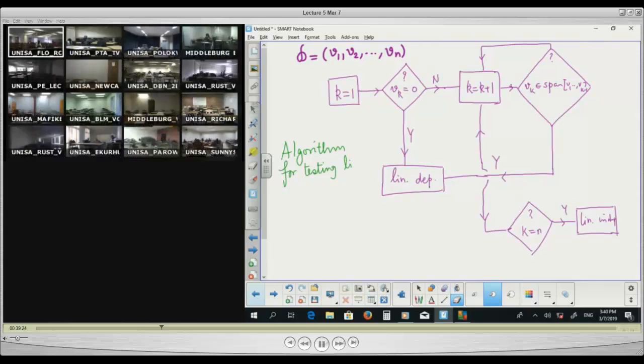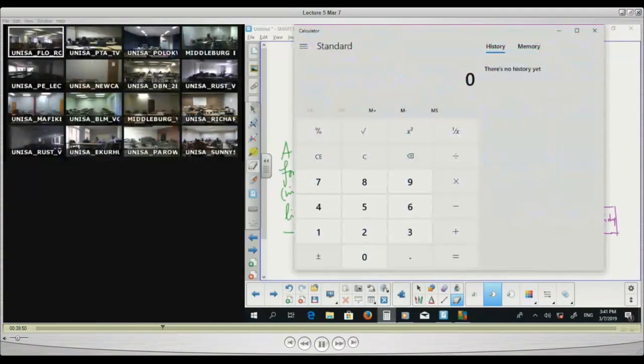Alright. So this is a nice little technique. Now, is this clear? How do we test the linear dependence or independence? Okay. So now, let's move forward.